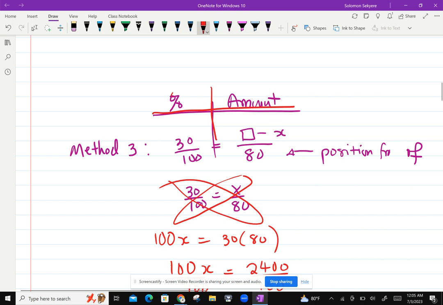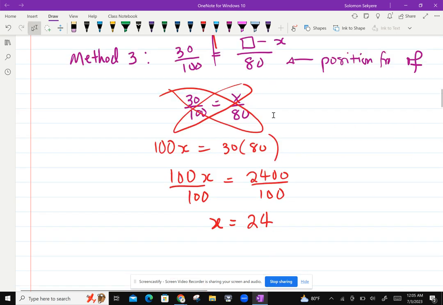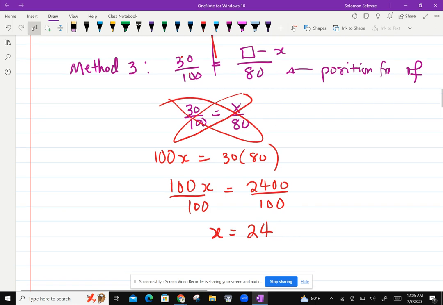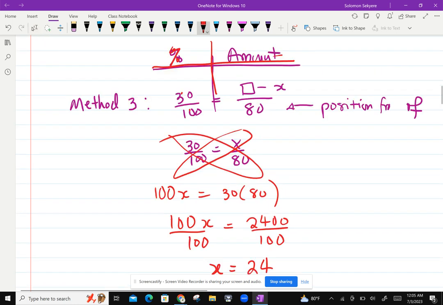The third method is similar to the first one, but make this table here. On the left, percent. On the right is amount. So 30% is 30 over 100. The number that comes after the of goes in the amount section, at the bottom. So the of the 80, 80 is the denominator here.